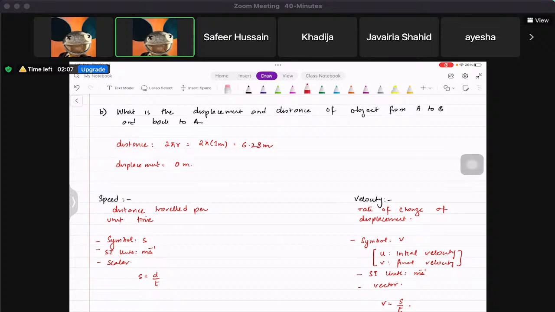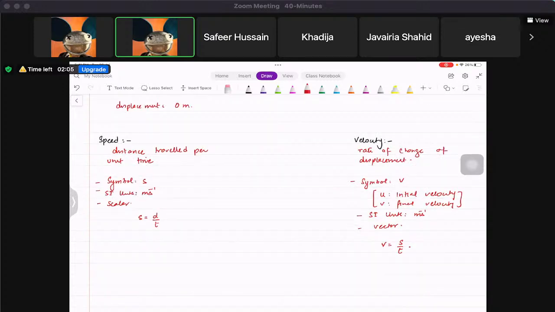Now, I just want you to note this very important point, and that is, even if speed is constant, velocity can still be changing due to change in direction.